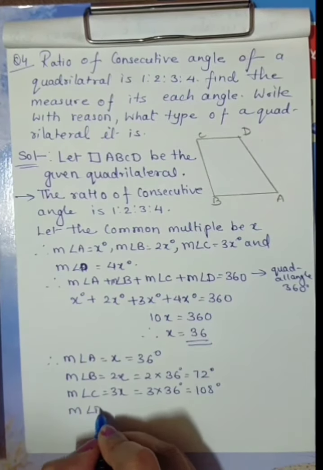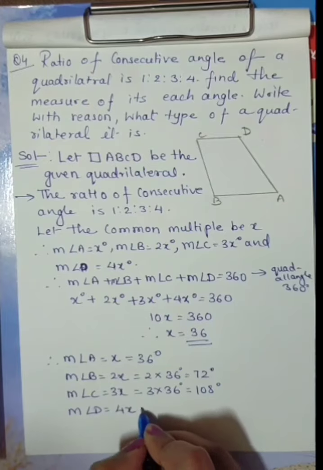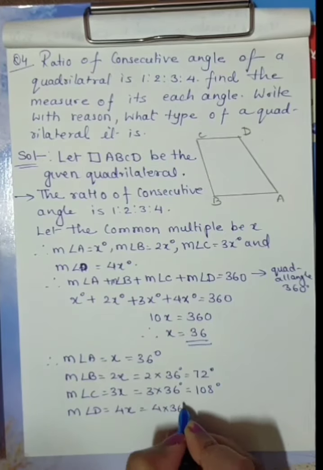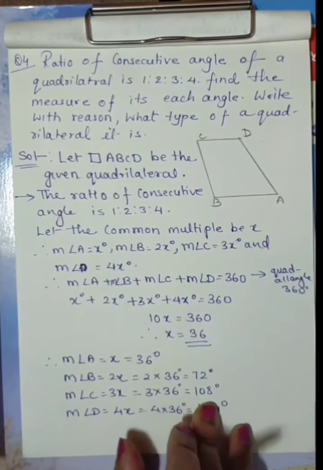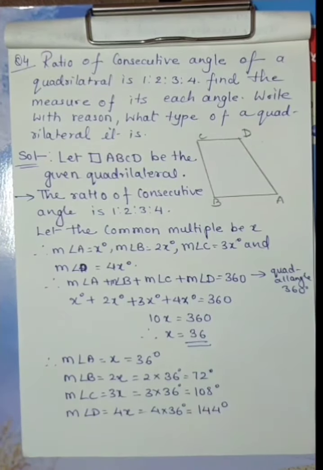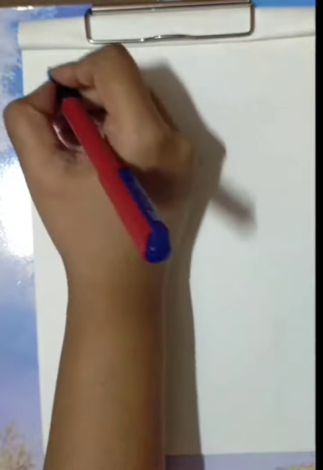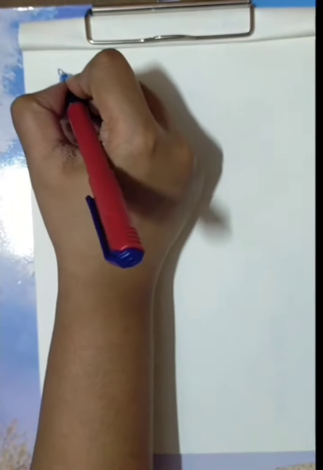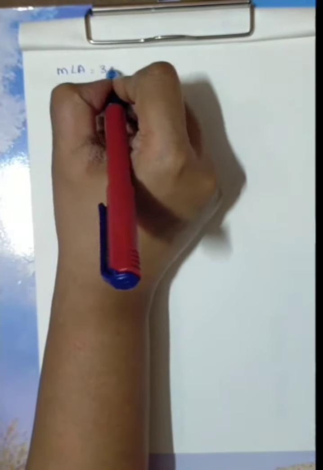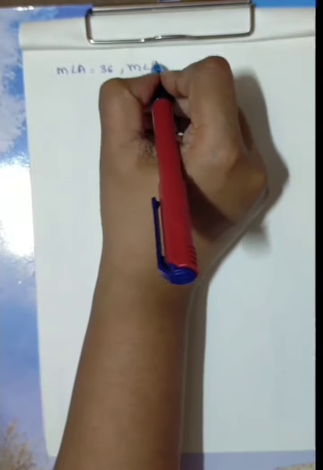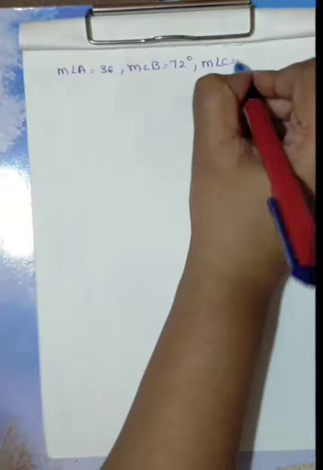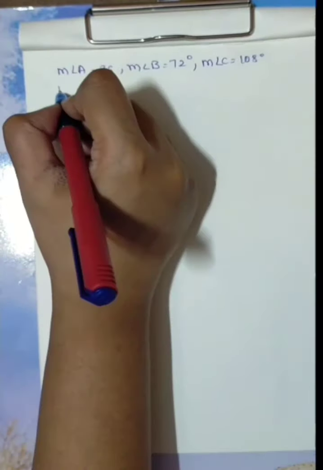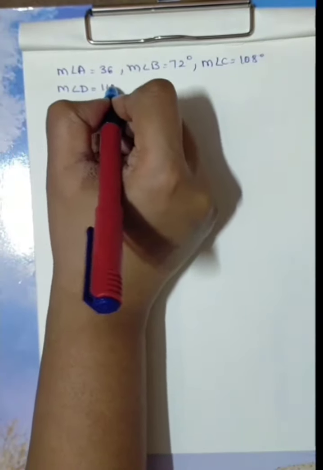Measure angle D is equal to 4x, means 4 into 36, that is 144 degree. Okay, now the same sum we are going to continue here. As we got measure angle A equal to 36, measure angle B is 72 degree, measure angle C is 108, and measure angle D is 144.